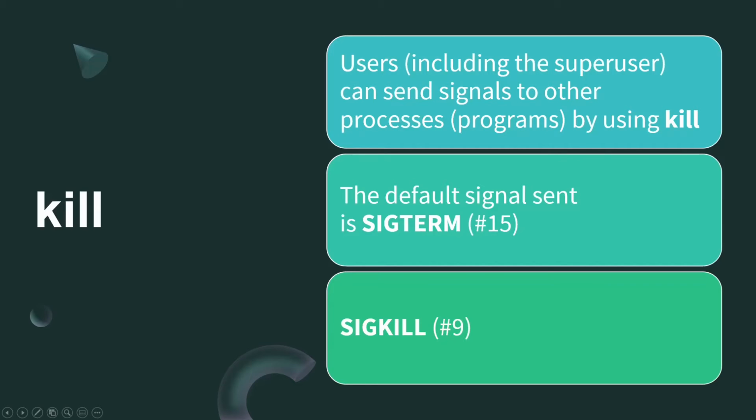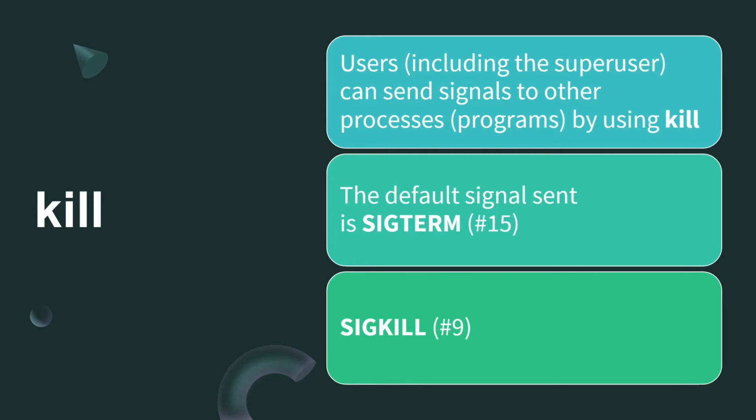Next, kill. Since a process cannot send a signal directly to another process, it must ask the kernel to send the signal. Users, including the superuser, can send signals to other processes and programs by using kill. Kill is really a bad name. Although it is used a lot to kill processes, it is really designed to send signals to processes.